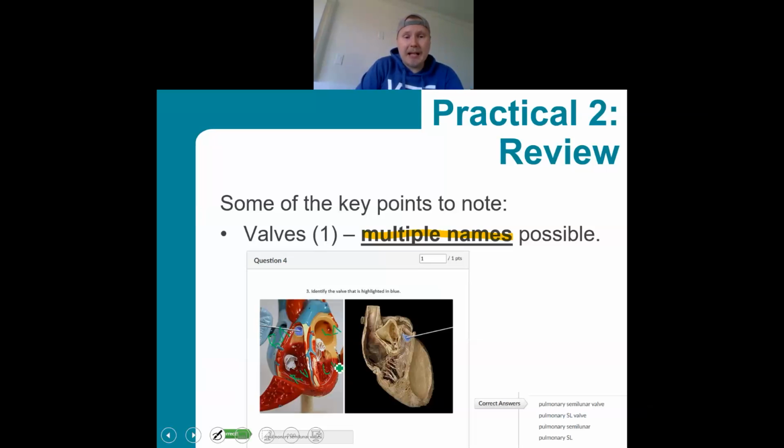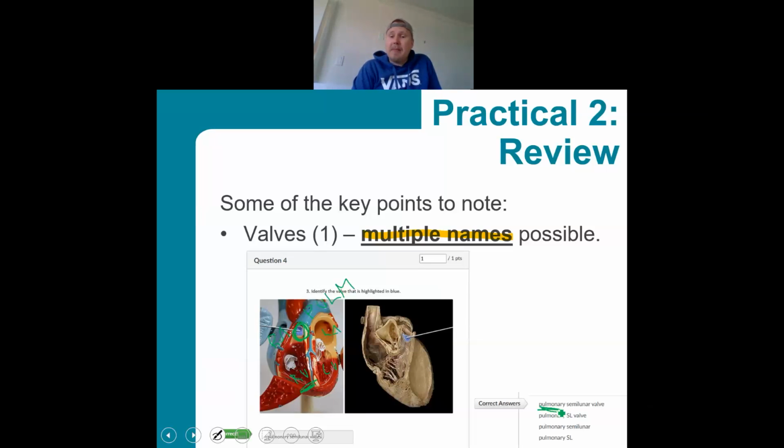We're being asked about this particular valve that we see here. Because there's a pulmonary trunk coming out of that valve, we know that it's going to the pulmonary circulation. And we, of course, see that it's coming out of the right ventricle. So there's no other option than it being the pulmonary valve. That's the name we've used a lot.